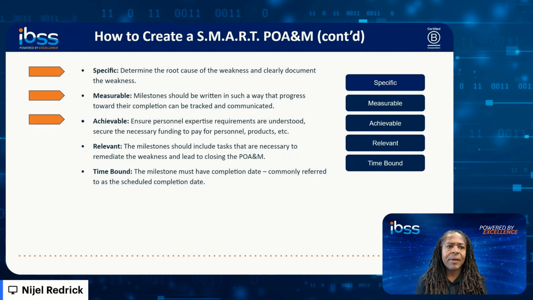Achievable. This is where a lot of organizations fail, quite honestly, making their POAMs achievable. Well, what does that entail? Number one, you want to make sure you have the personnel on staff who can take care of any of the tasks that are assigned. And if personnel are not on staff, then a couple of ideas need to be thrown around.